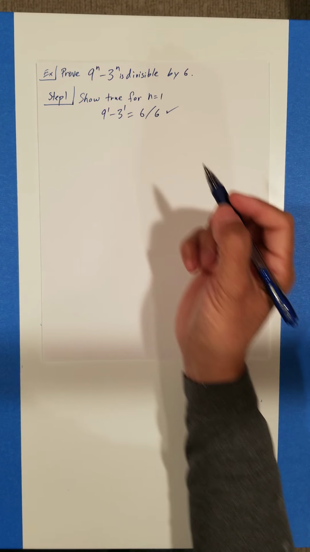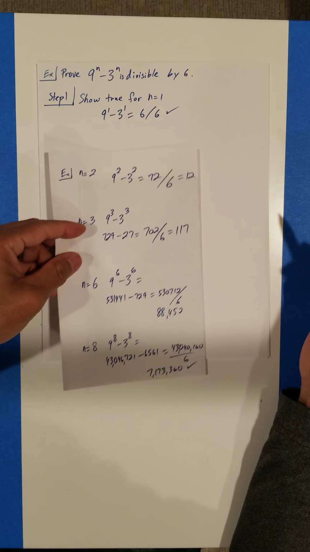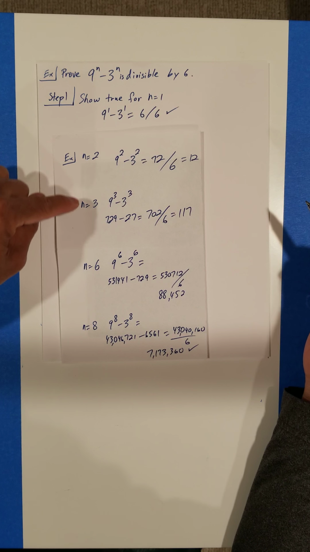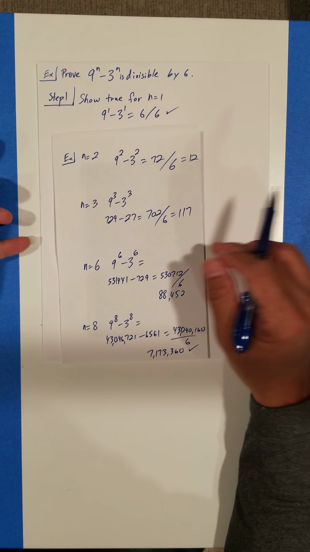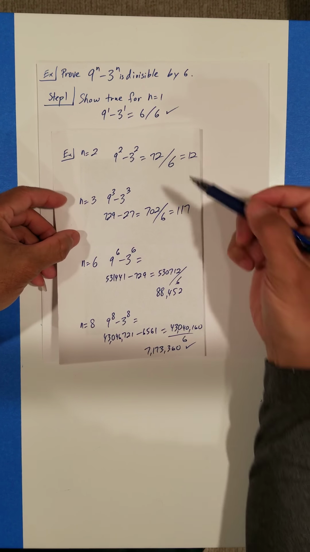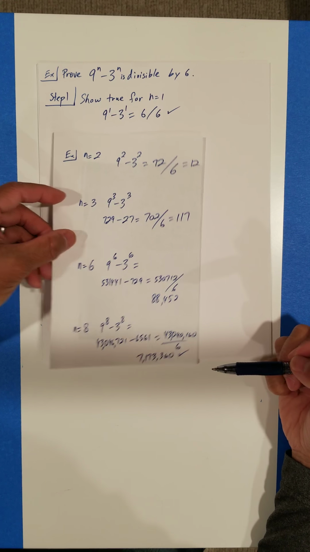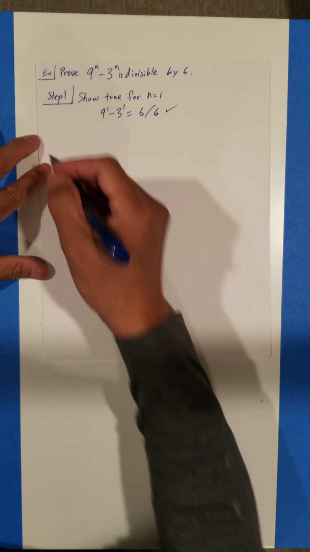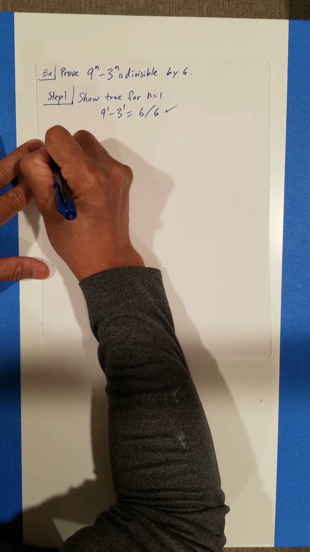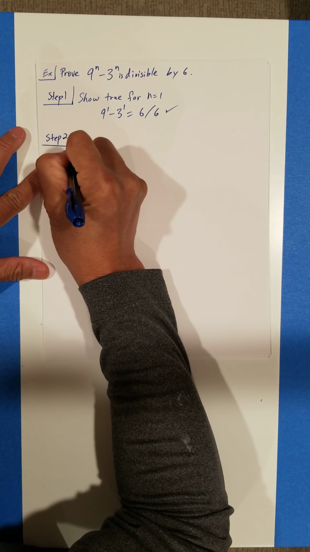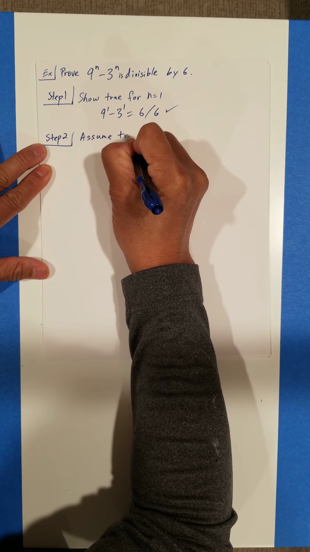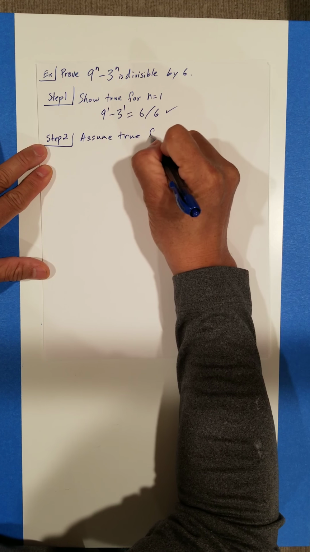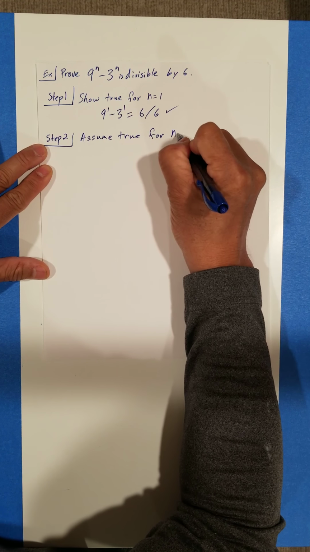Now we've shown that it works for 1. And I've shown you a couple of cases, so by now you're starting to believe, hopefully. Because I've shown you a couple of cases, let's just assume that it does work. That's what step 2 is. In step 2, you write assume true for some random number down the road, n equals k.